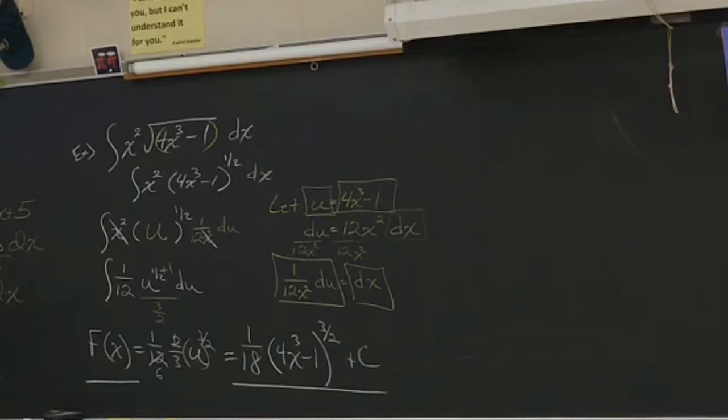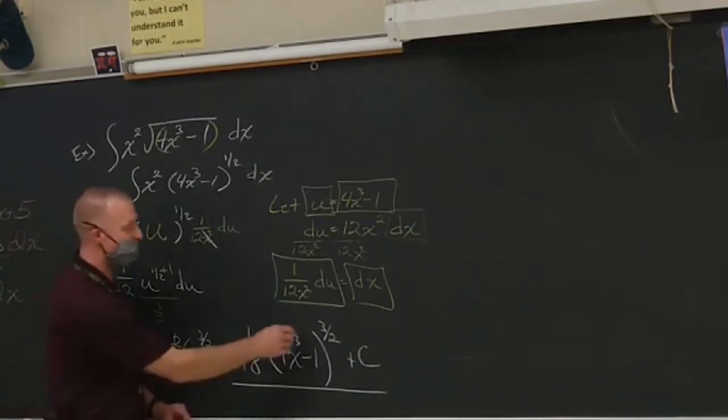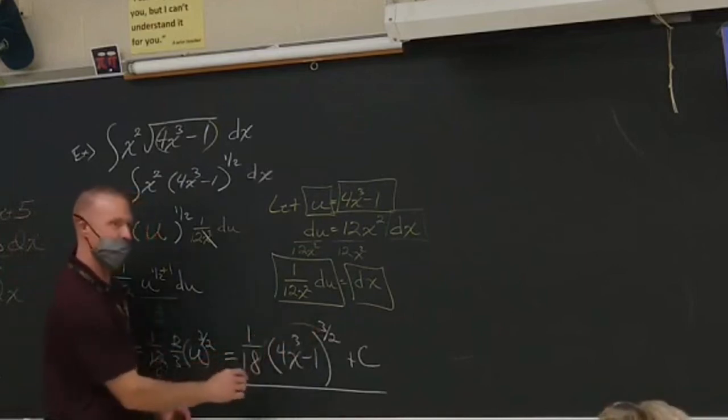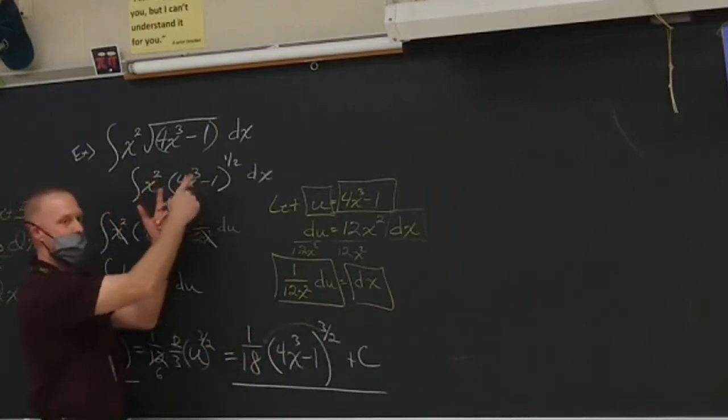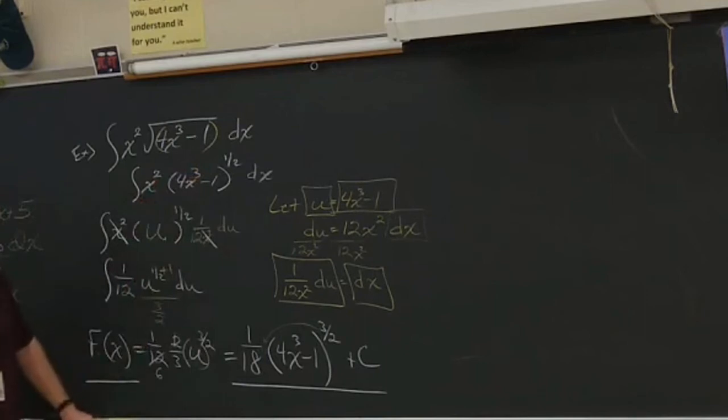As I said near the end of the period, if you check your answer, if you do the derivative, if you go back to where you started, you'll see that it works.